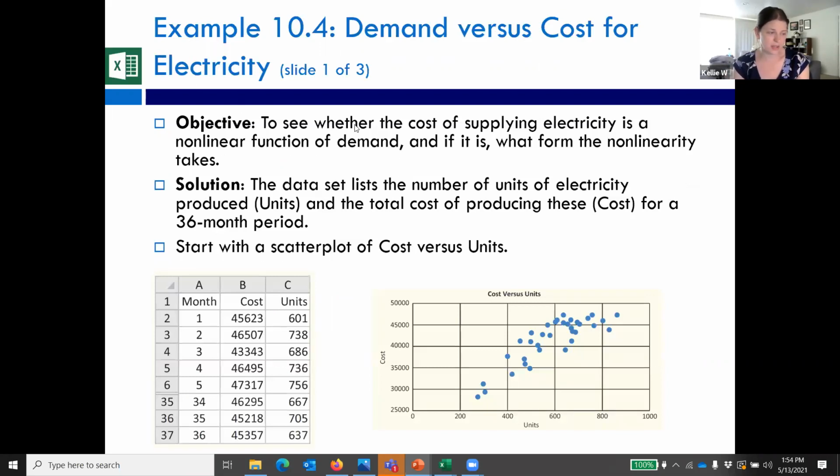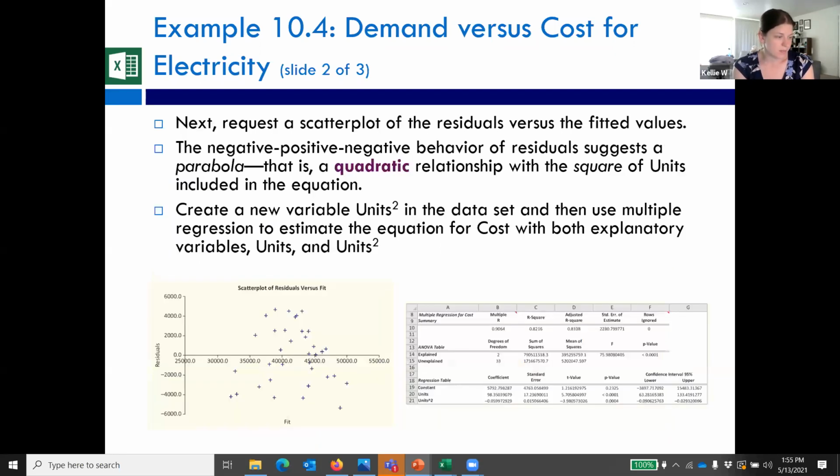So they do this with example 10.4. They take their demand versus cost for electricity, and they're trying to see whether the cost of supplying electricity is a nonlinear function of demand.